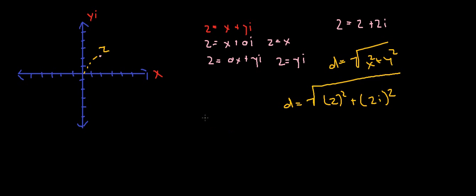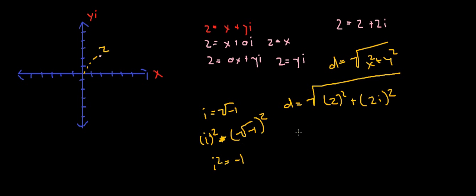And remember that i is equal to the square root of minus 1. So I'll get i squared is equal to minus 1.